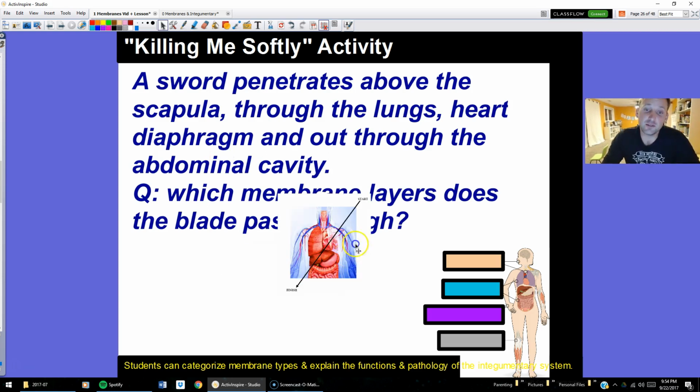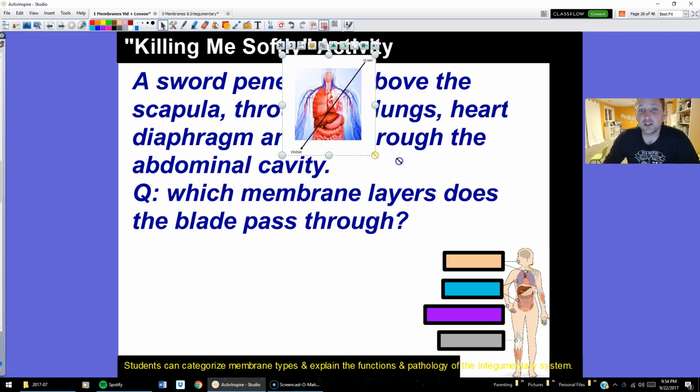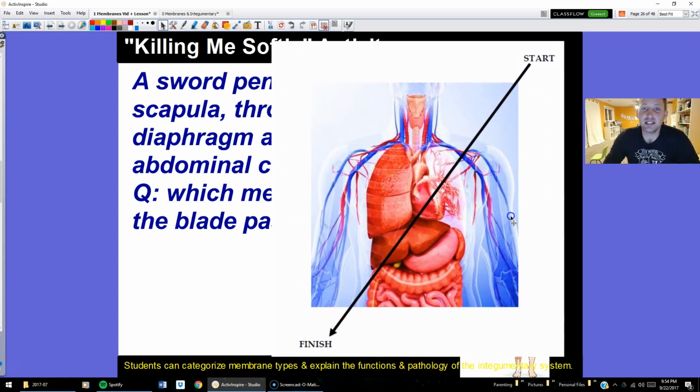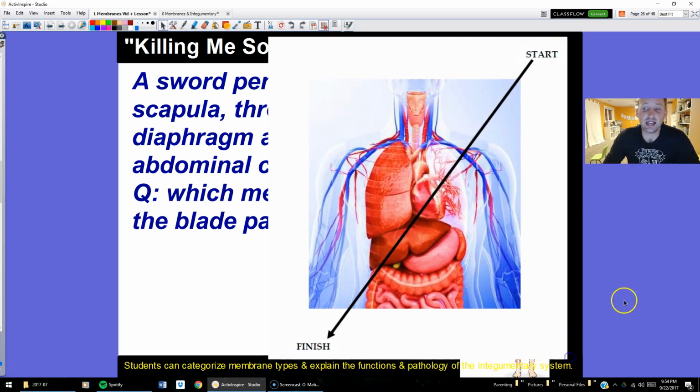And I want you to think real deeply on this one. We're going to review this in class. This can kind of be simple and easy. This can kind of be crazy intense. So what membrane is it passing through right here on the outside of the body, the covering of the body? What membrane is it passing through on the outside of the thoracic cavity? The inside of the thoracic cavity, the outside of the lung.